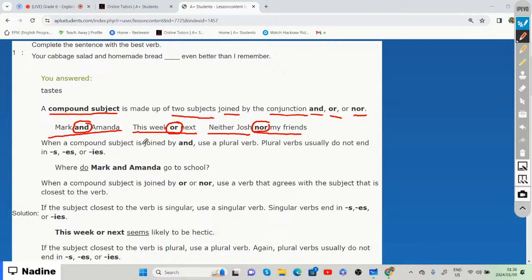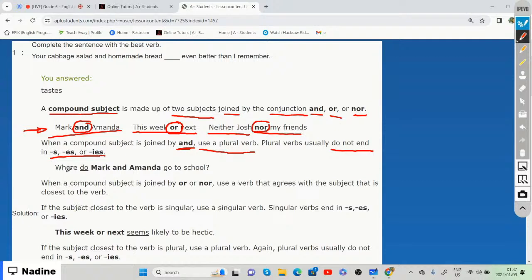When a compound subject is joined by and, for example, Mark and Amanda, then we need to use a plural verb. And remember, when you use a plural verb, we do not add s, es, or ies.